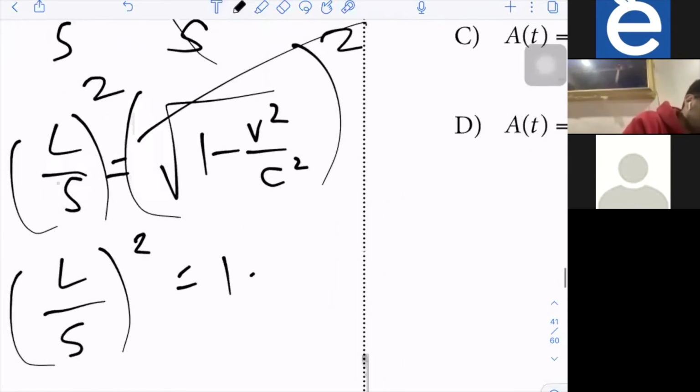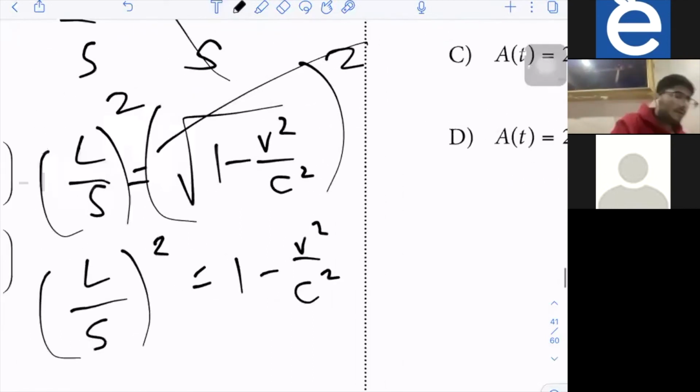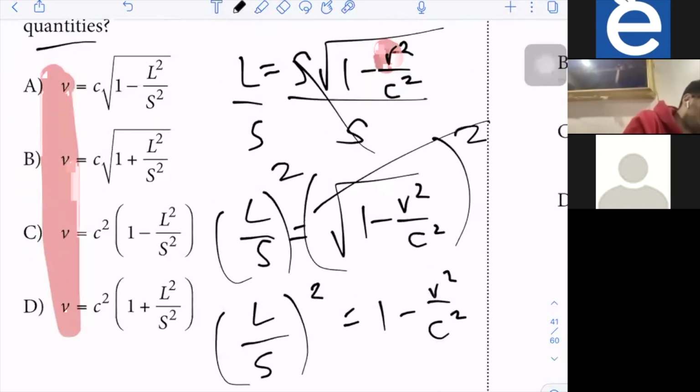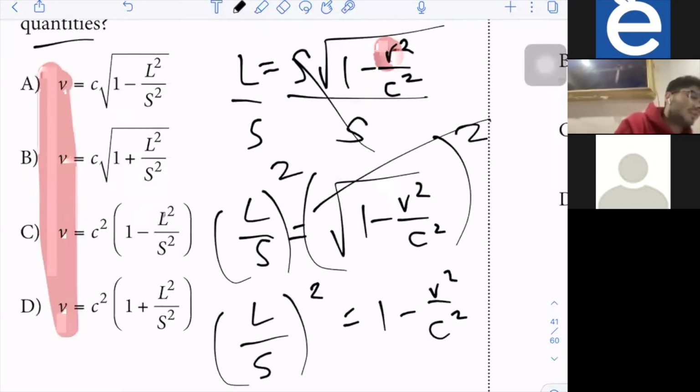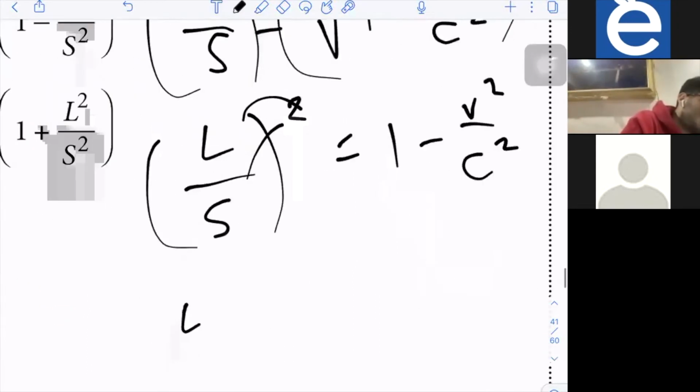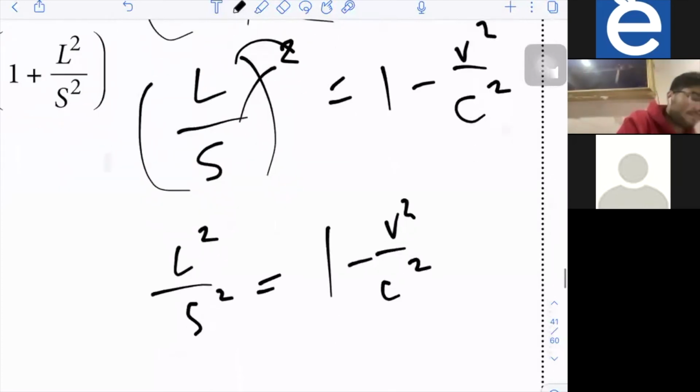So you get 1 minus v squared over c squared is equal to (L over s) squared. And look, if you look in the choices, they don't have (L over s) squared, so that basically means that they distributed the square. So this is basically L squared over s squared is equal to 1 minus v squared over c squared.